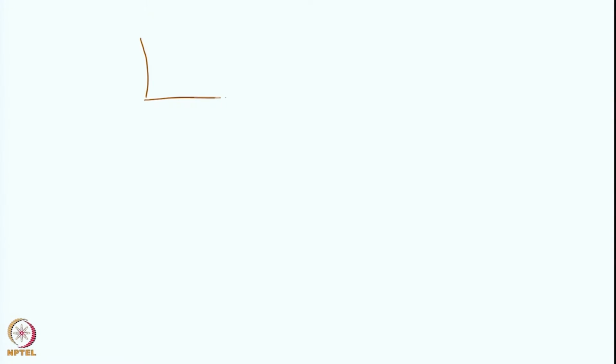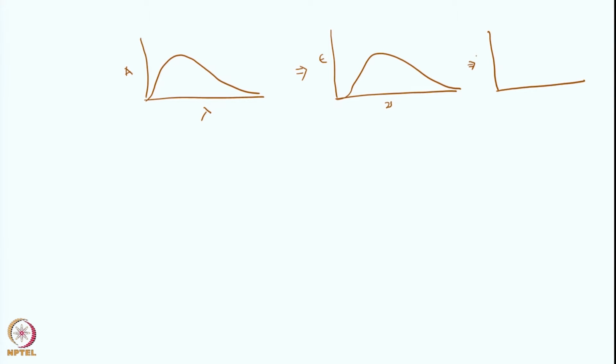If you have an absorption spectrum which you usually record as a function of lambda, and you get absorbance A, then this can be transformed as a function of epsilon as a function of nu. So, you get some other spectrum, with a different shape, and then as epsilon of nu by nu as a function of nu, you get another spectrum.